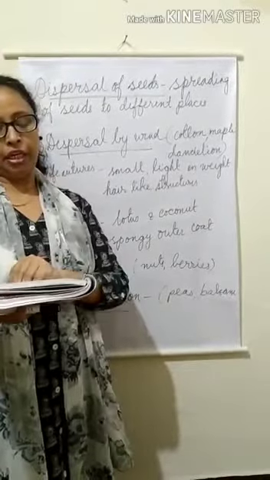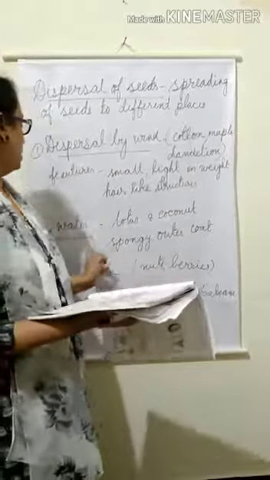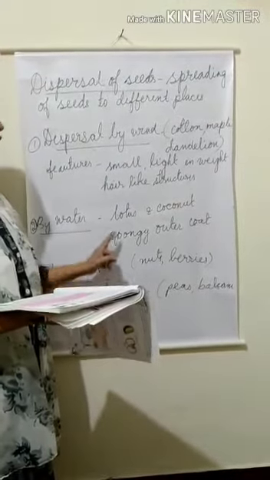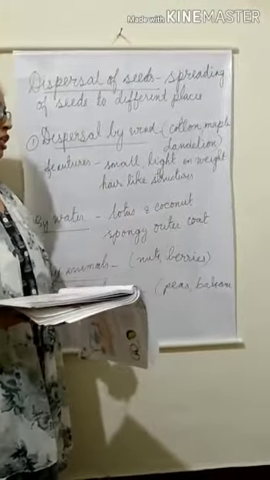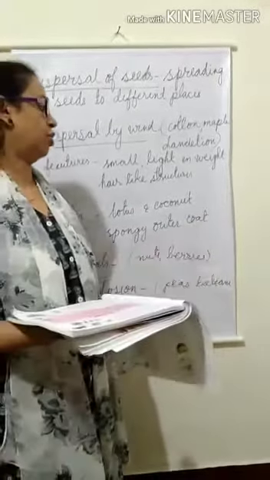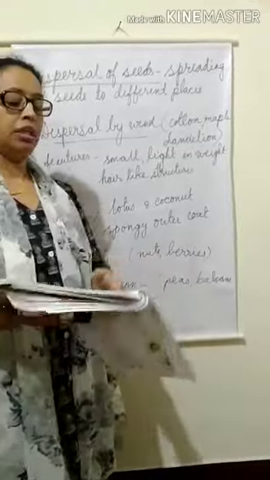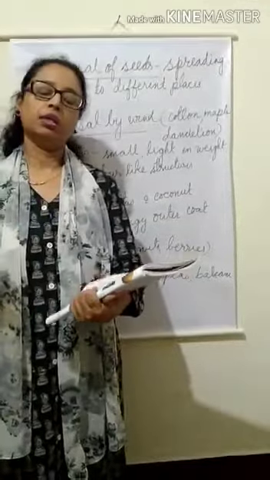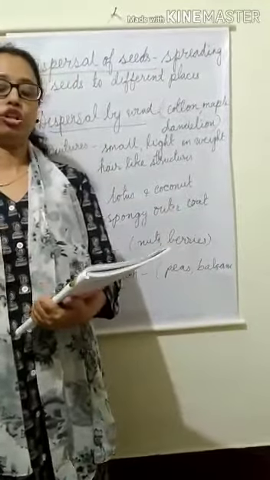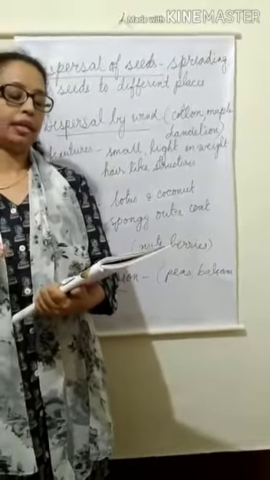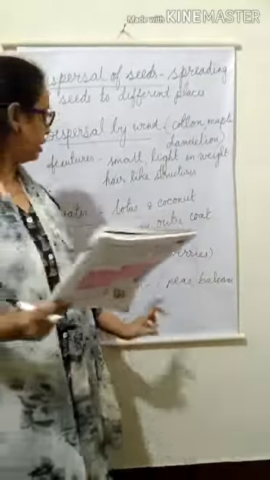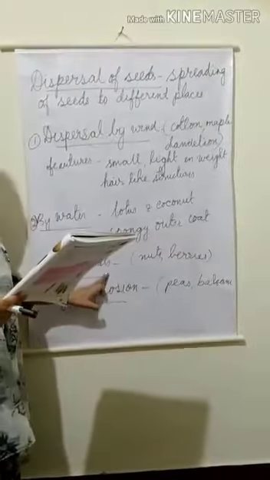Another one is dispersal by water. Seeds of lotus and coconut have a spongy or fibrous outer coat. This structure helps the seeds to float on water, so they can be easily carried away by water. The third one is dispersal by animals.